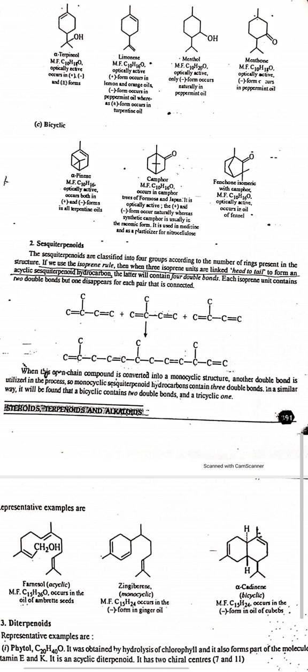The terpenoids are classified into four groups according to the number of rings present in the structure. If we use the isoprene rule, then when three isoprene units are linked head to tail to form an acyclic hydrocarbon, the latter will contain four double bonds. Each isoprene unit contains two double bonds, but one disappears for each pair that is connected.